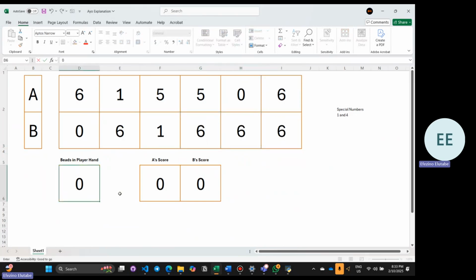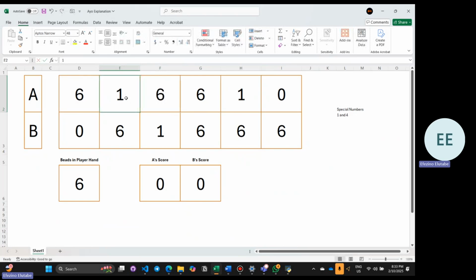I'm done distributing, and I stopped on 6, so I take it again and distribute for the next 6. 1, 6, 6, 2, 7, 1. Now I'm done distributing.